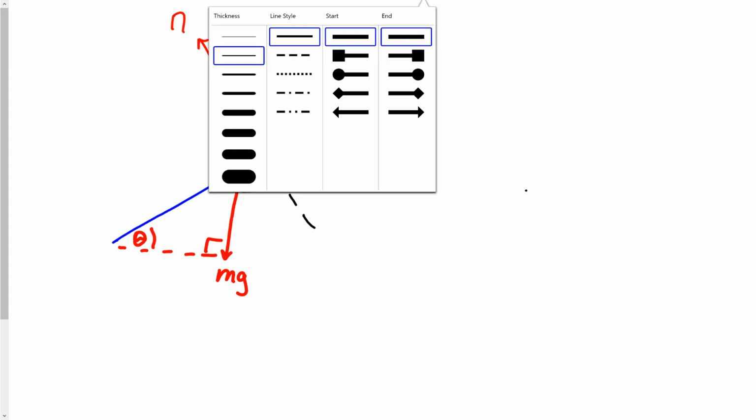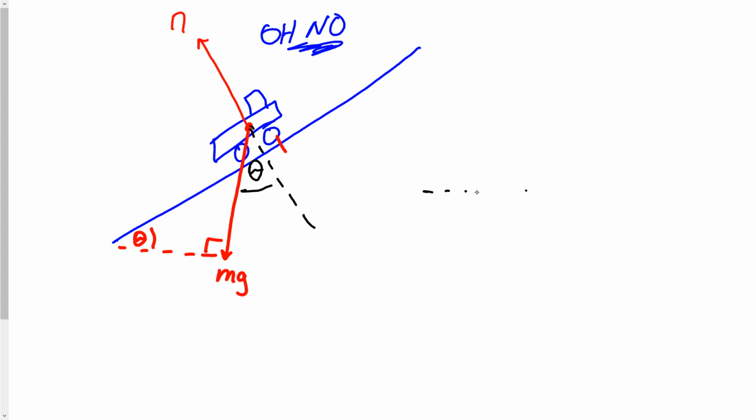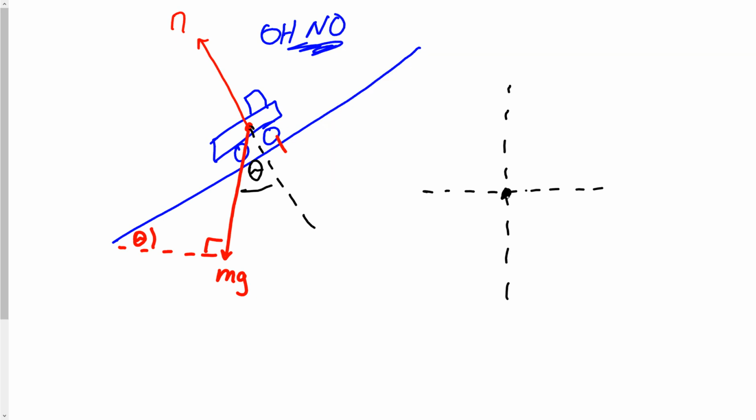What would the free body look like on this? Let's draw a free body diagram that's laid out like this. I'm going to draw these forces. We've got an mg at an angle of theta, and we've got a normal force.